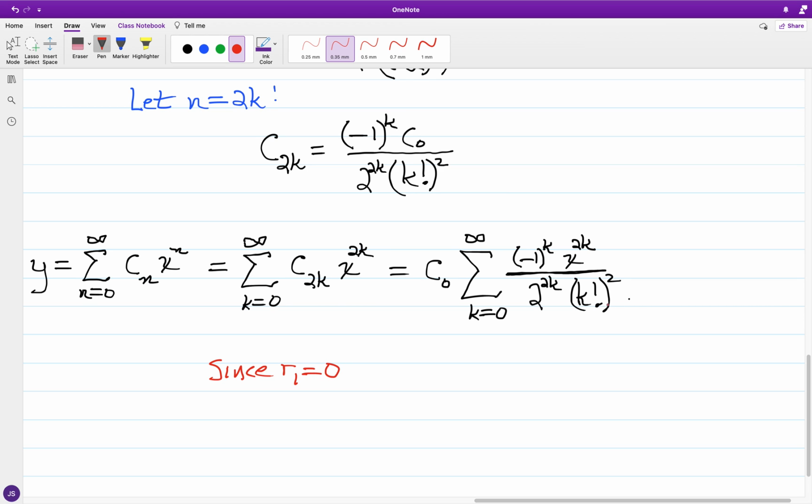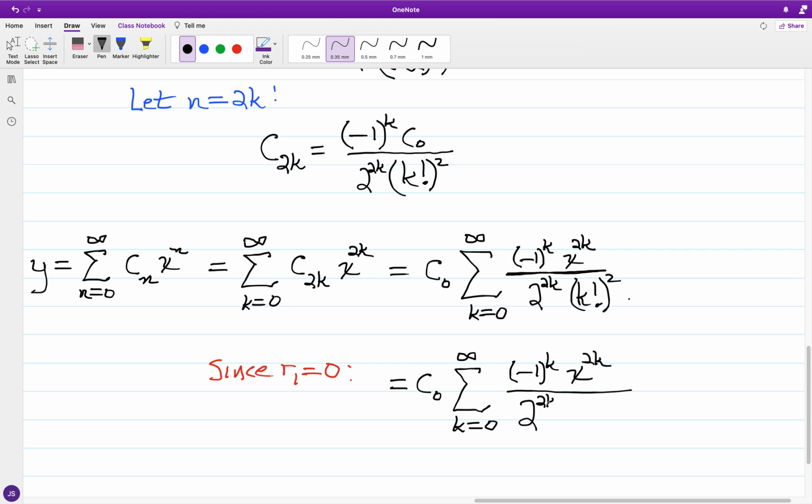And what I'm going to do is apply treatment to the k factorial. So I have -1 to the k, x to the 2k, all over 2 to the 2k.